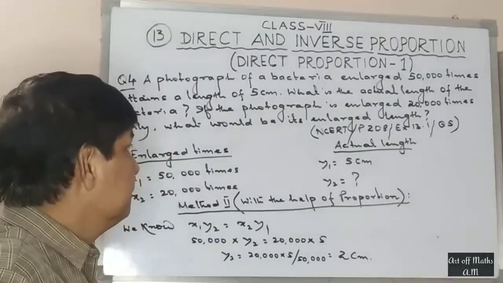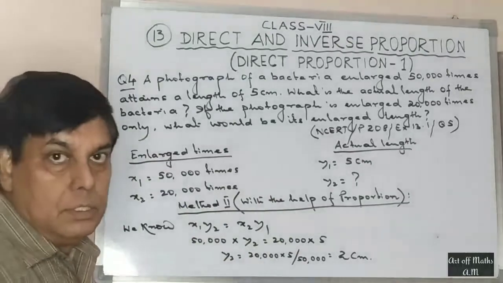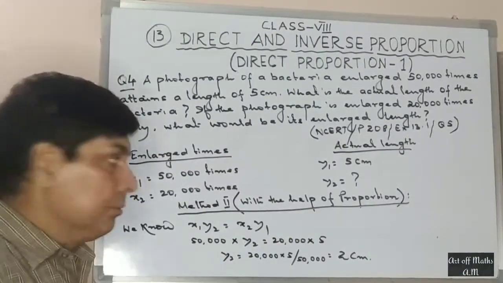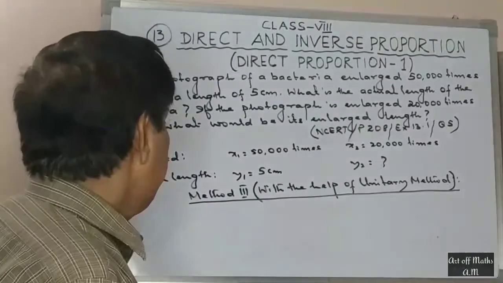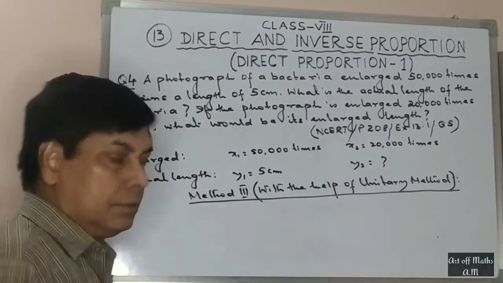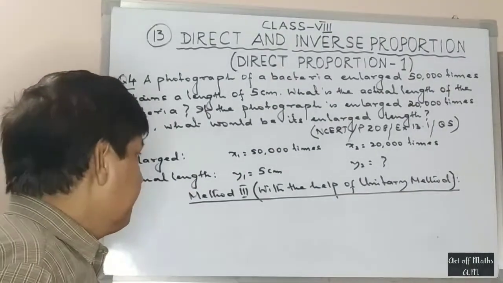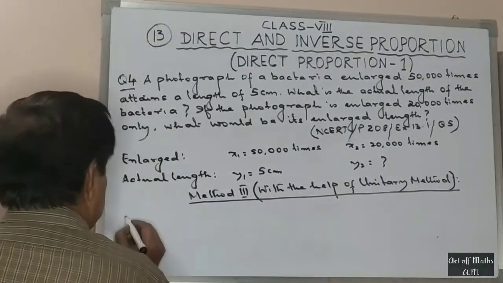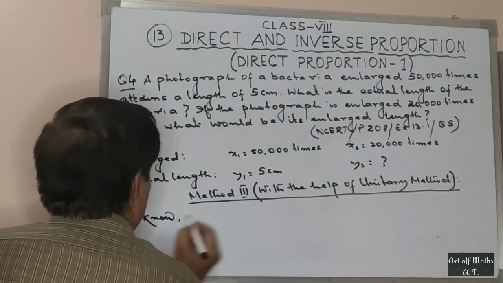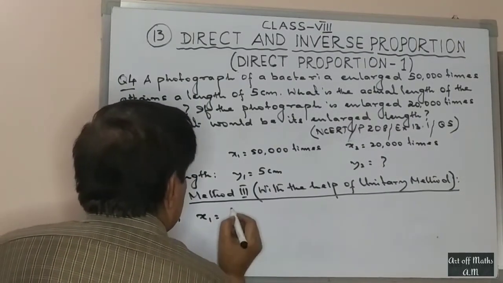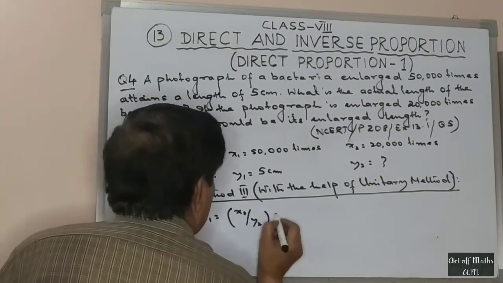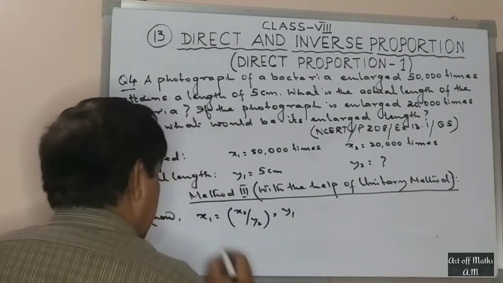Now we will solve this question by the third method, that is with the help of the unitary method. We know x1 equal to x2 divided by y2 into y1.